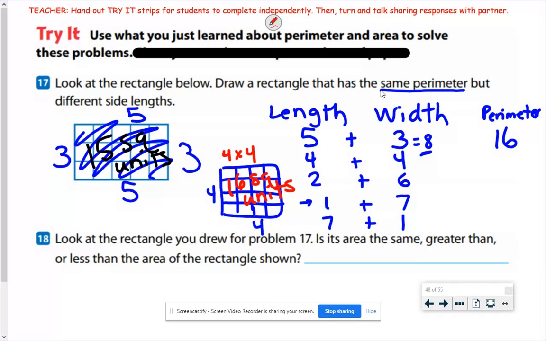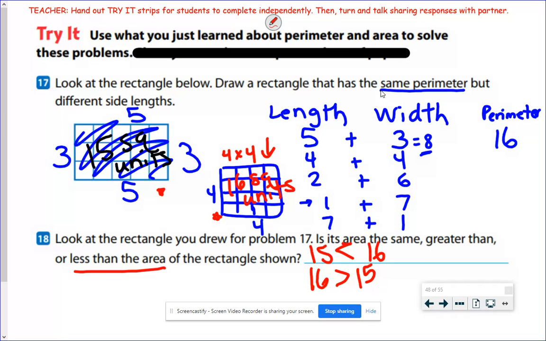So we can say, for example, this one compared to this one, the area of the first one is 15, and so we're going to say that it is less than the area of the one that we drew. 15 is less than 16. Or if we compared ours first, the area of the one that I modeled is greater than the one shown, depending on how you look at it.